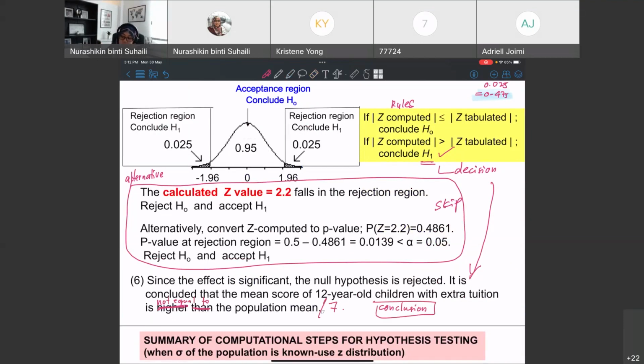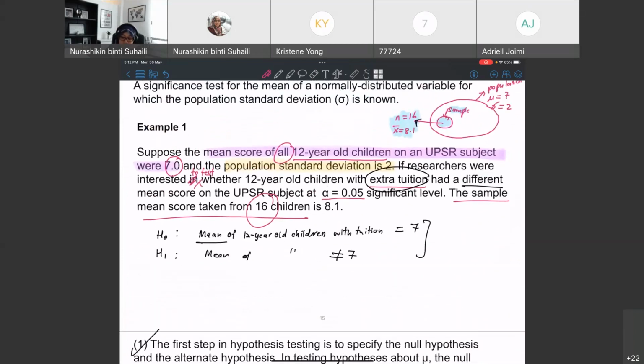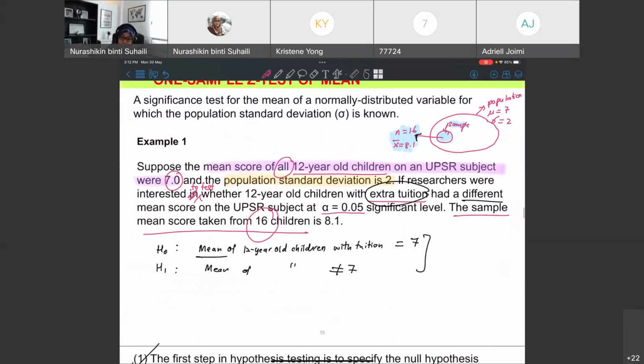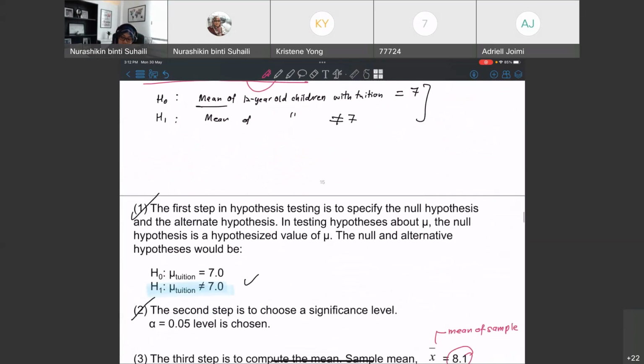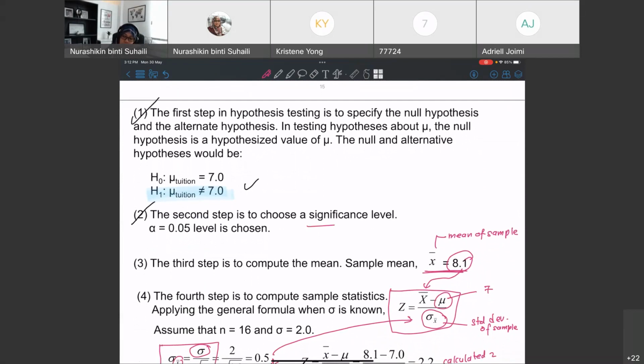Okay. So that's how you solve a problem with one sample when the standard deviation of the population is known or is given. Okay, so let me summarize the steps. Set the hypothesis, set the significance level or alpha.